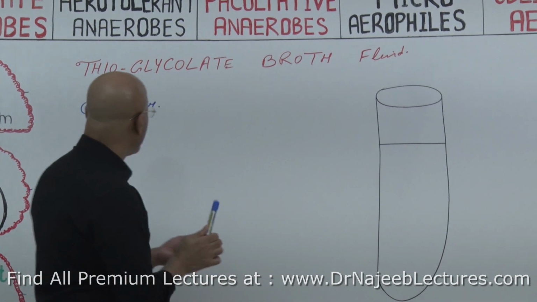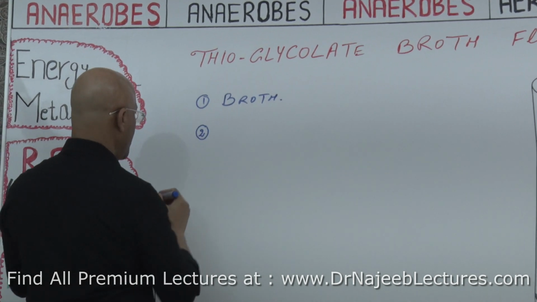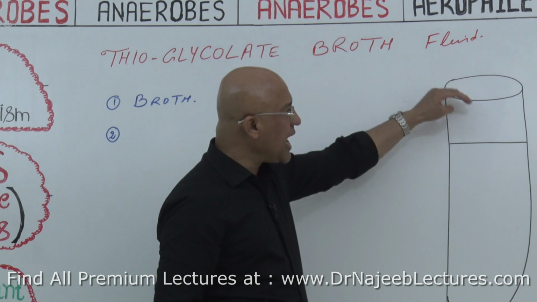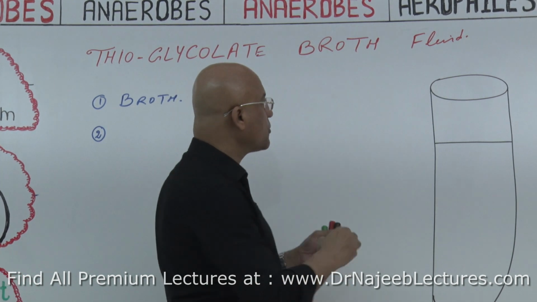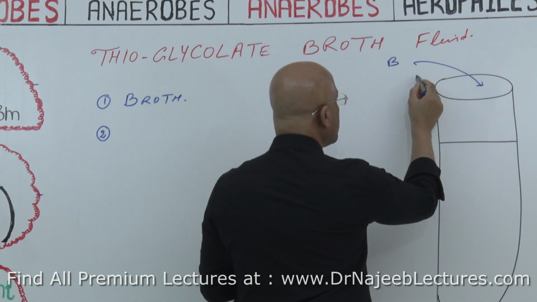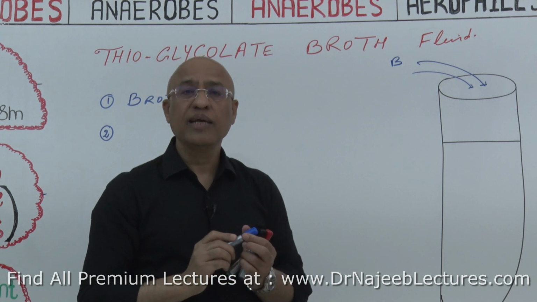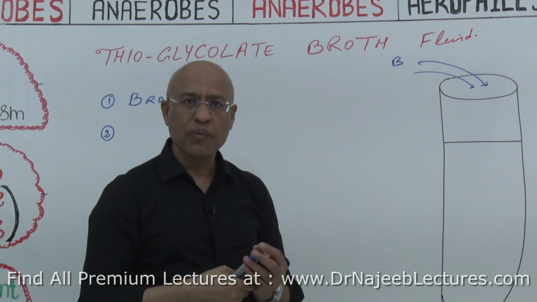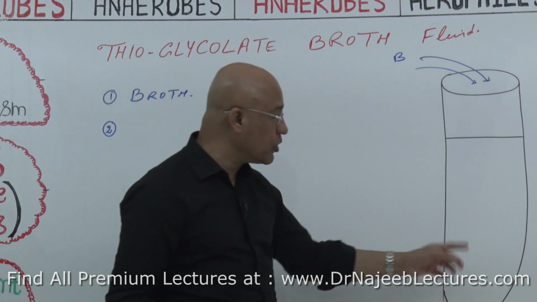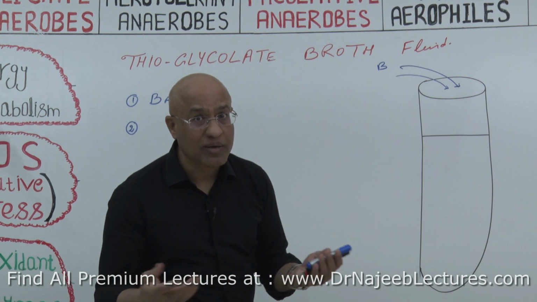But with broth, we should have something else also. What is that? We should add to it, first we add the broth, right? We should add one more thing there, which should utilize oxygen and somehow produce an anaerobic environment in this tube, because we have to check, are there anaerobic bacteria or not?